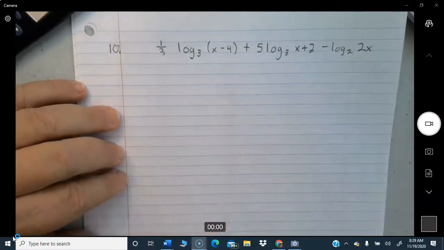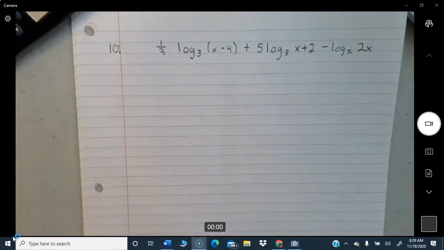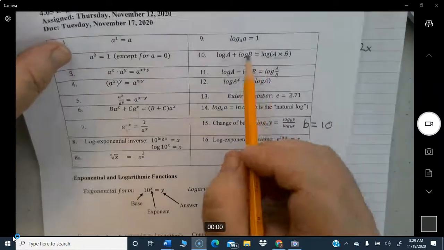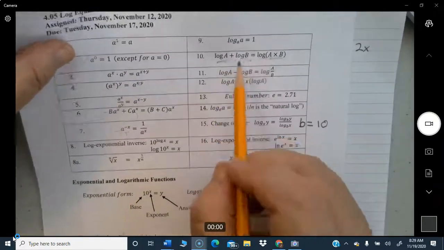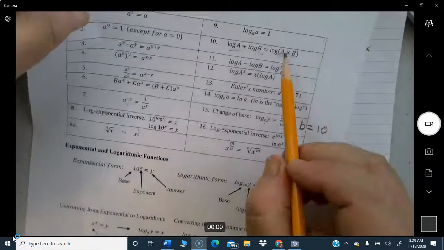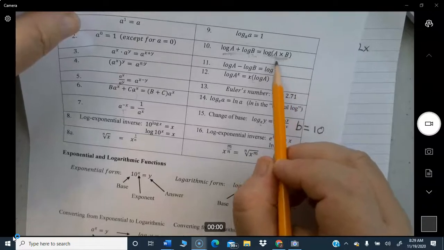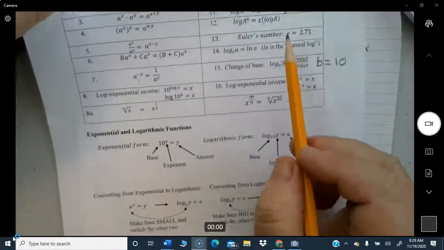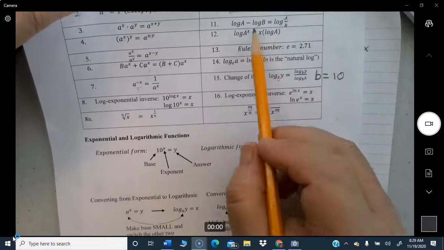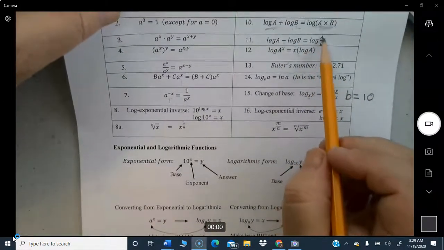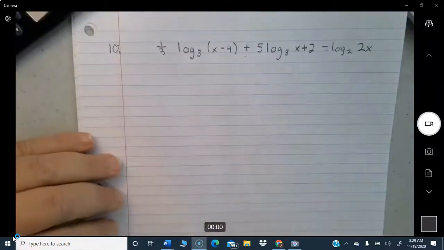So again, you use the same two rules, which are these two. So you're going to take those pluses, that plus right there, and turn it into a single log with a times sign. And you're going to take this division, this minus sign right here, and turn it into a single log with a division. So it looks like this.